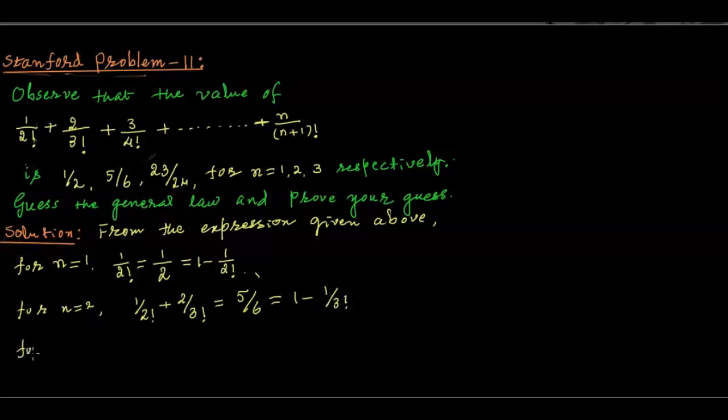And for n equal to 3, 1/2! + 2/3! + 3/4! equal to 23/24, which can be written as 1 minus 1/24, that is 1 minus 1/4!.